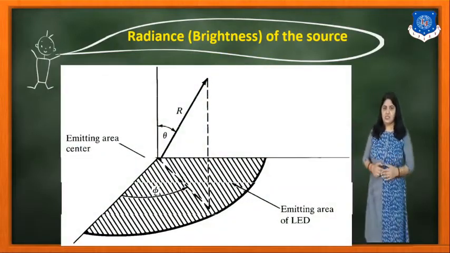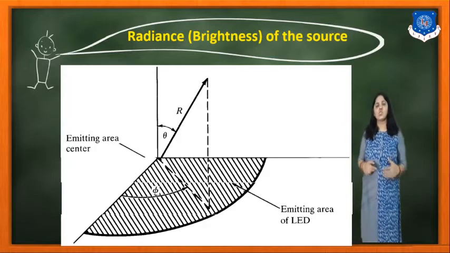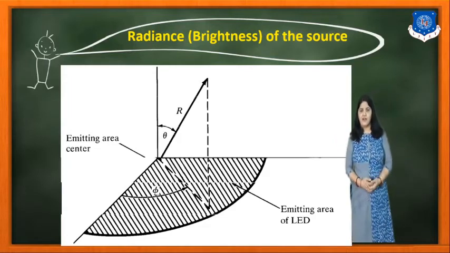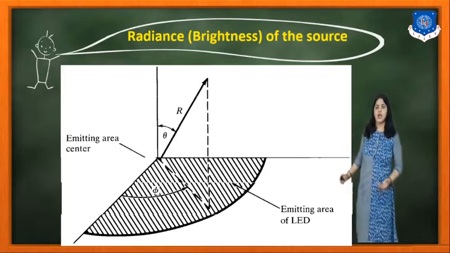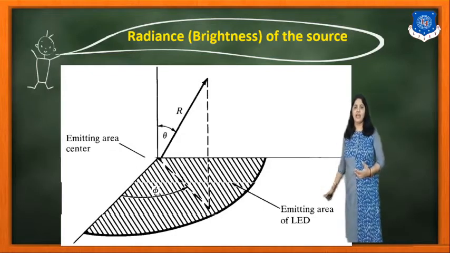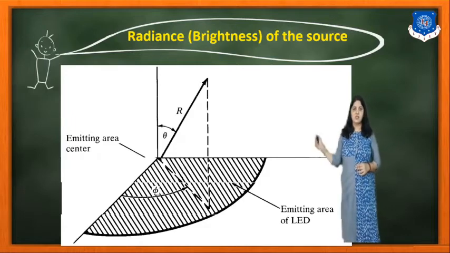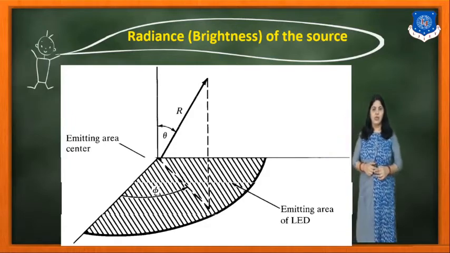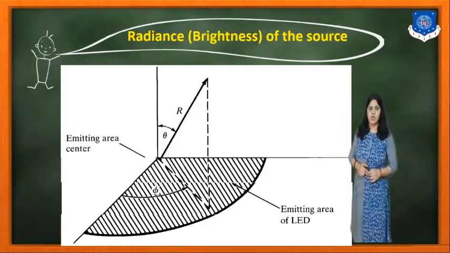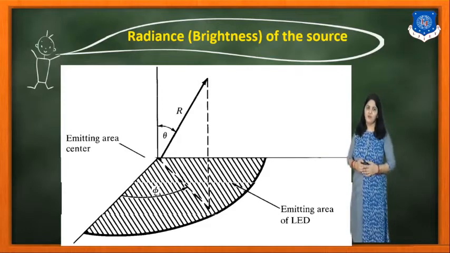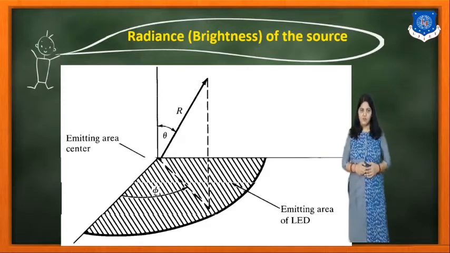Now the radiance, which is like the brightness of the source. Here you can see this graph in which the emitting area of the LED is shown, and there is a center of the emitting area. Here we have the spherical coordinate system, r, theta and phi.